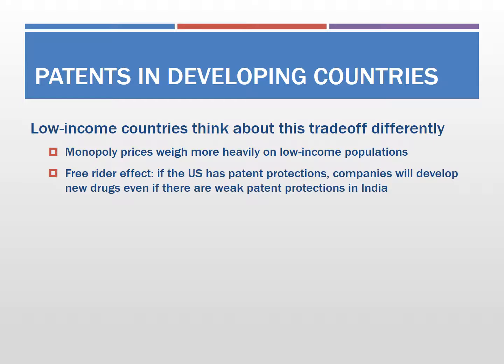So it becomes a free rider problem, because the companies who invest so much would always like to sell their drugs in the very rich developed countries instead of the developing countries.